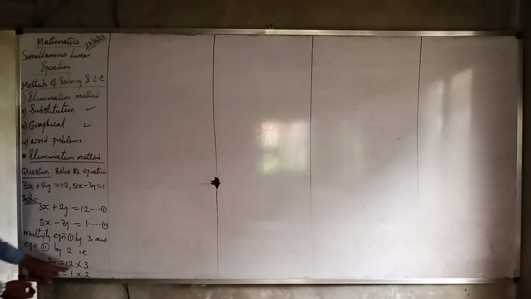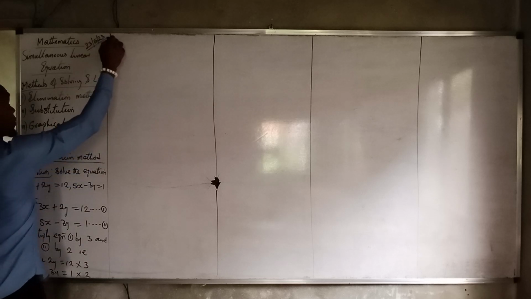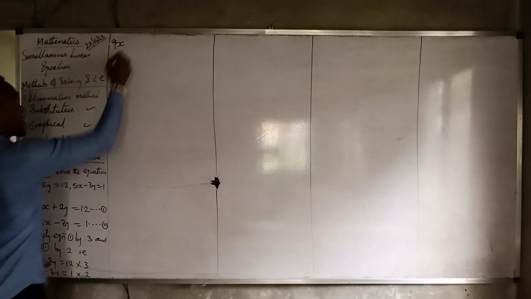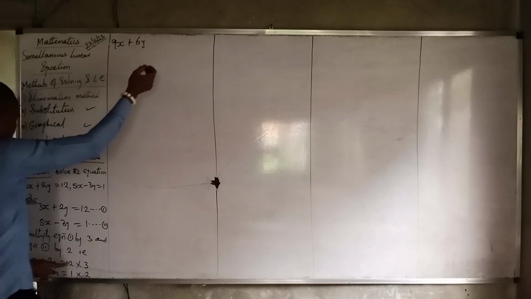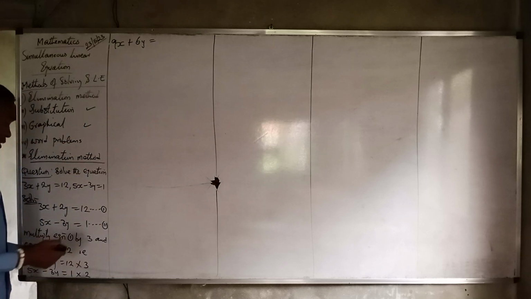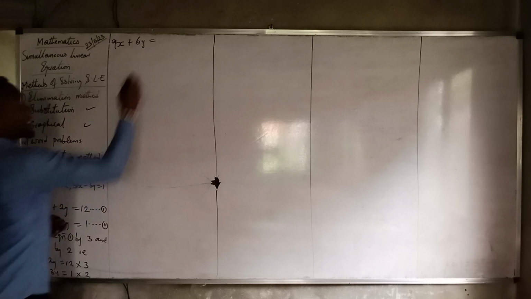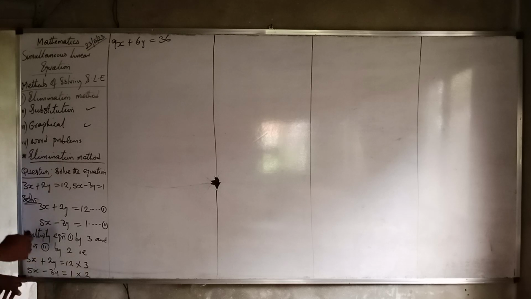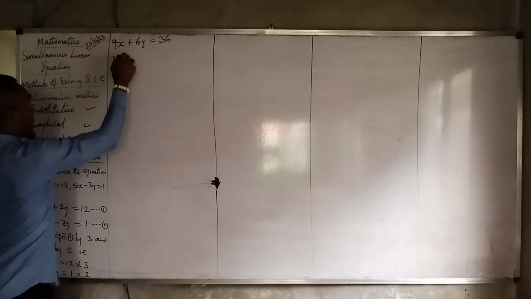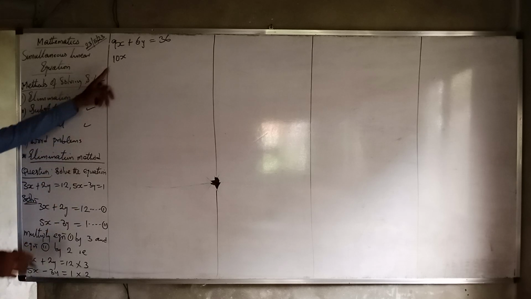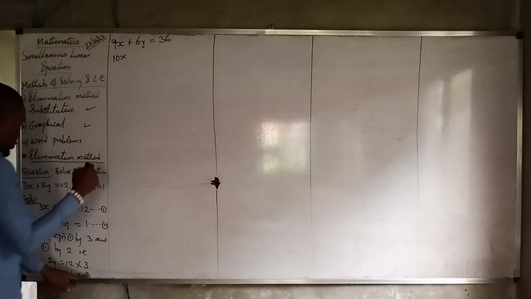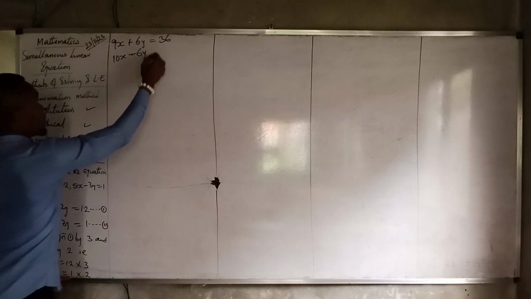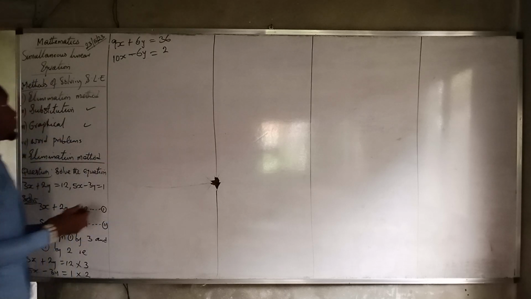Okay, so now let's go. 3 times 3x will give us 9x, plus 3 times 2y gives plus 6y, equals 3 times 12, which is 36. Next, 2 times 5x gives 10x, then 2 times minus 3y gives minus 6y, equals 2 times 1, which is 2.